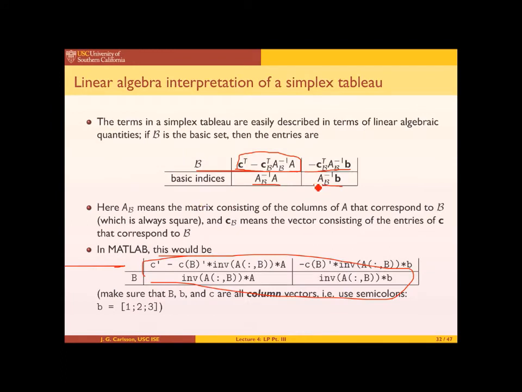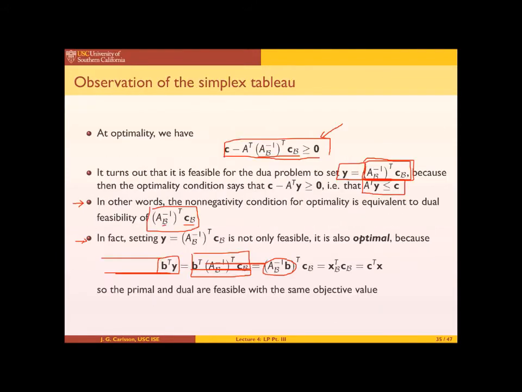The values of those variables are AB inverse B. That's the value of those basic variables, and so that means these things here, AB inverse B, that's just XB transpose, and times CB, and then we would say, well, any value of X that is non-basic is going to be 0, and so XB transpose C sub B is equal to C transpose X.